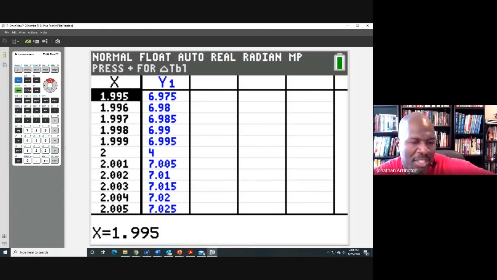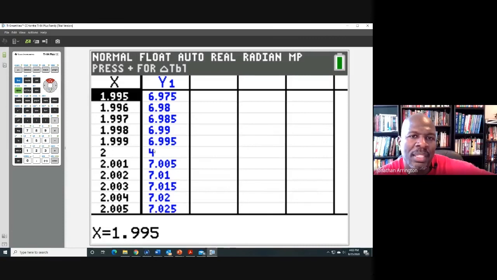Now you may notice here there's no error at 2, but the value at 2 actually is 4, not 7. What do you think our limit should be? Should it be 4? Should it be 7? Or should it be does not exist?